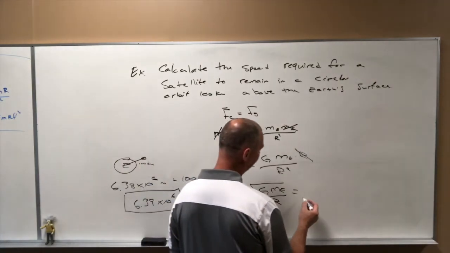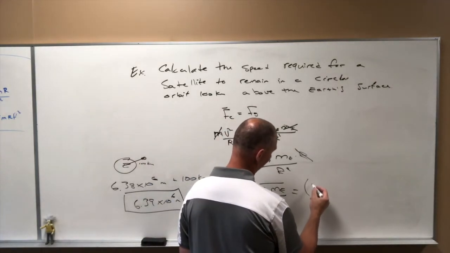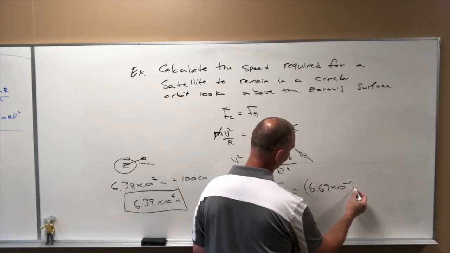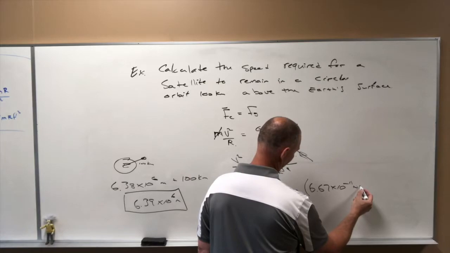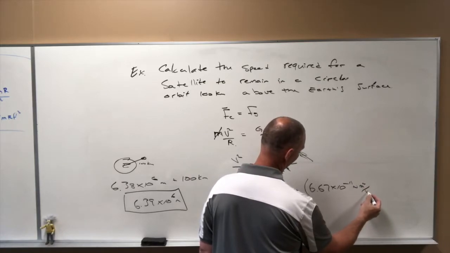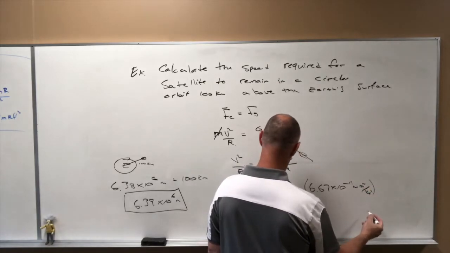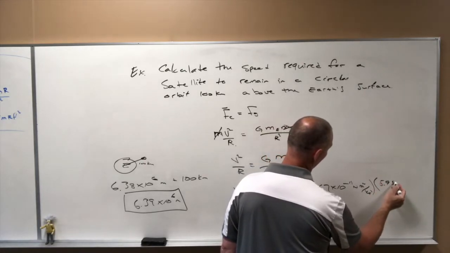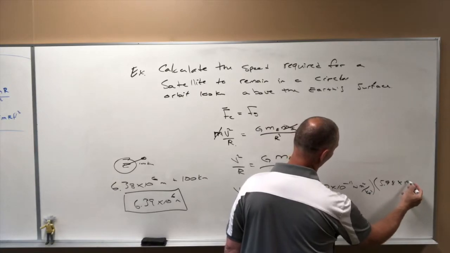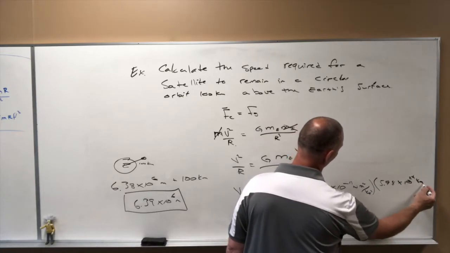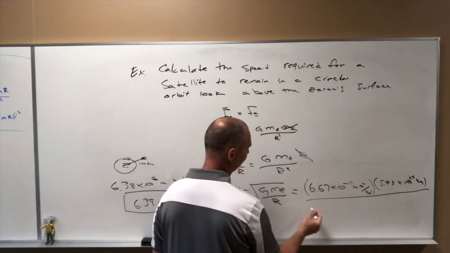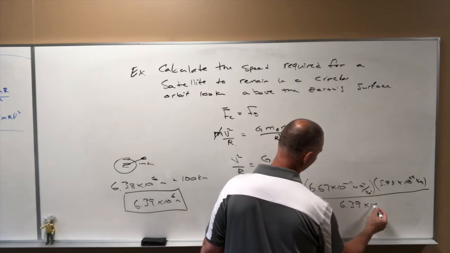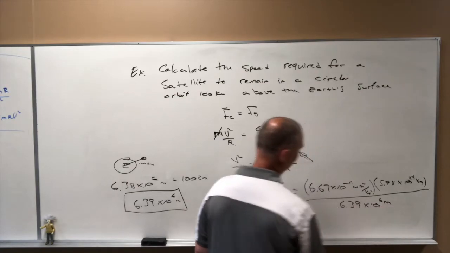Let's fill in our numbers because we know them. G is 6.67 times 10 to the negative 11 newton meters squared per kilogram squared times the mass of the Earth, 5.98 times 10 to the 24, divided by the radius, which we found earlier, is 6.39 times 10 to the 6 meters.